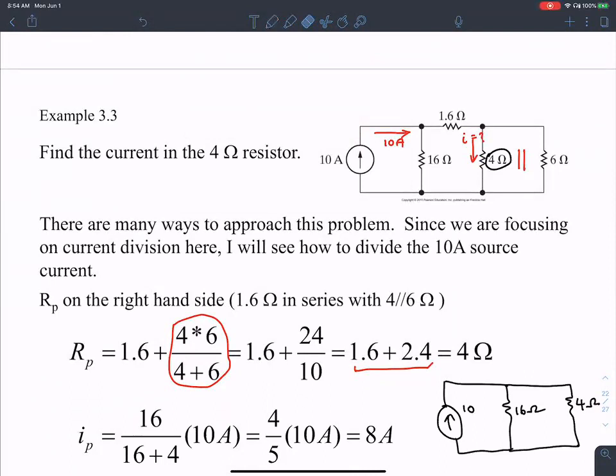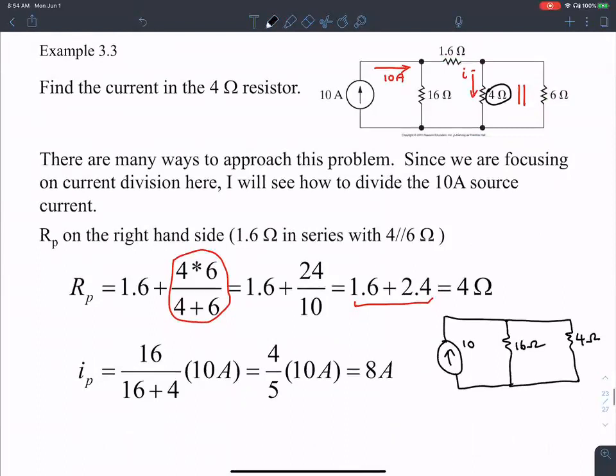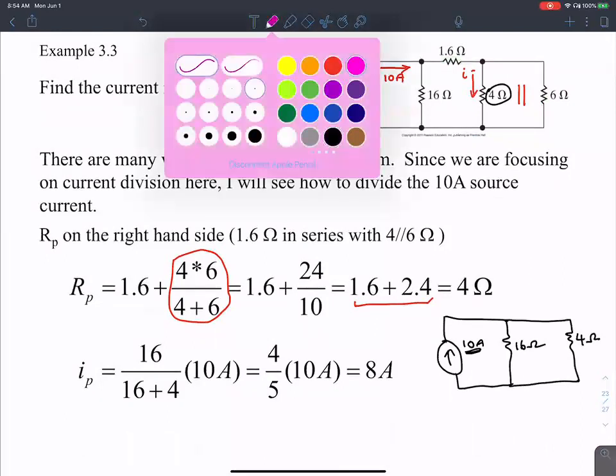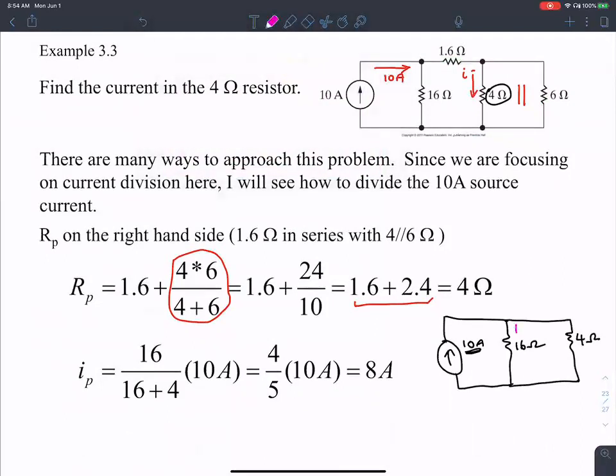That's the total equivalent of all of these resistances, which is different from that single 4 ohm resistance itself. But the important thing is, out of the 10 amperes here, the amount of current flowing through this is proportional to the other resistance.